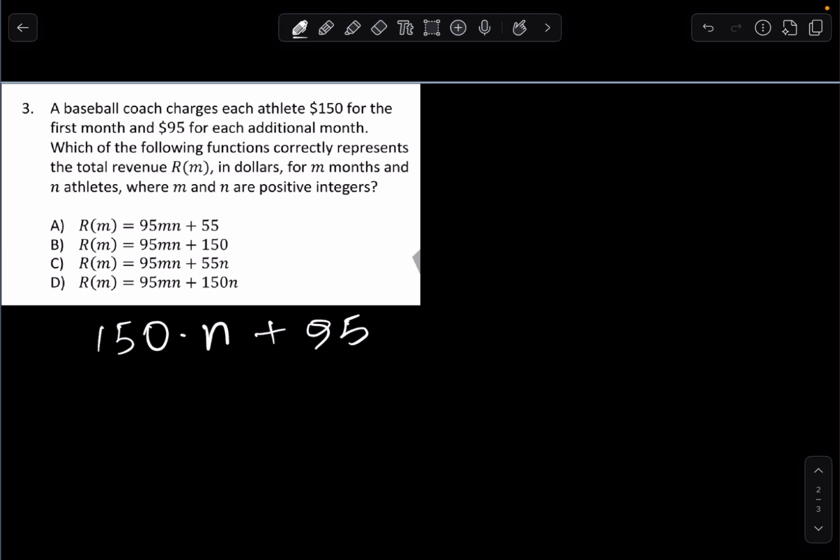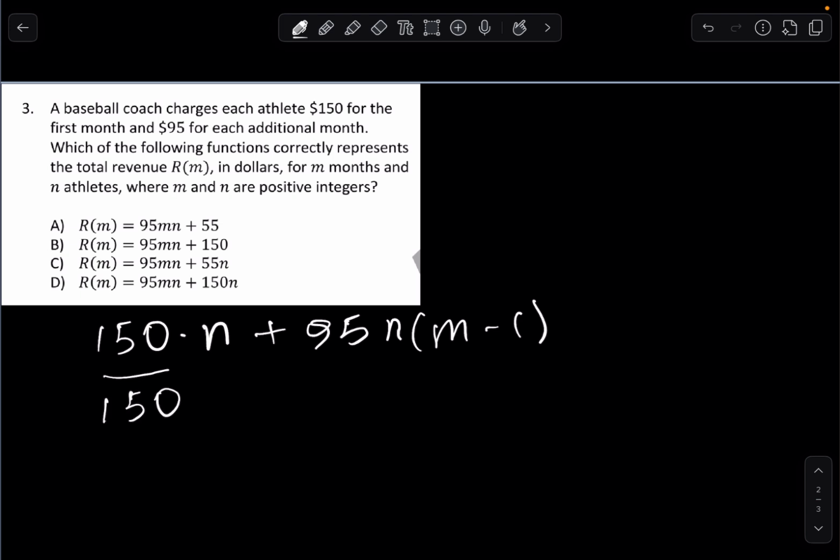So how many athletes do we have? Of course, n athletes. And for how many months should we charge? m months? No, of course not, because we charged $150 already for the first month. So we have m minus 1 months, and that is our total revenue. But we don't have such an answer on the answer list because we didn't simplify it yet.